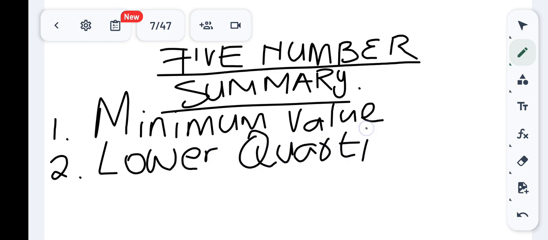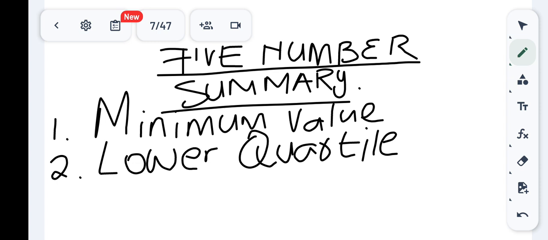Now, lower quartile is the number or the value below which 25% of the items in a given data set fall. Remember, median weighs 50%, right?